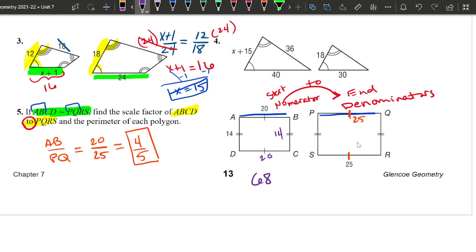25, 25, so far we have 50. But we don't have the sides for that one, so how can we find out what the sides are? But we do know what the sides for the small one are, right? So what if we did the small one and multiplied it by the scale factor?